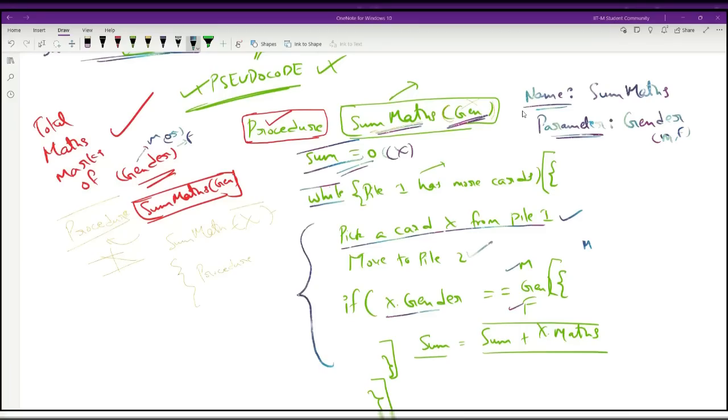Then we check whether x dot gender is equal to male or not. If it is not male, we directly put it aside, and then we move on to this step again. And if it is male, we add his marks to the sum variable. We update the sum variable with his marks.